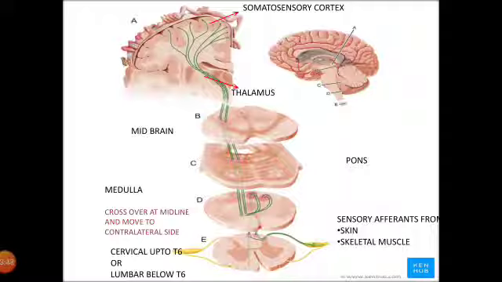The point to be noted is that at the spinal cord, the fibers are traveling on the ipsilateral side, whereas at the medulla they pass to the contralateral side.